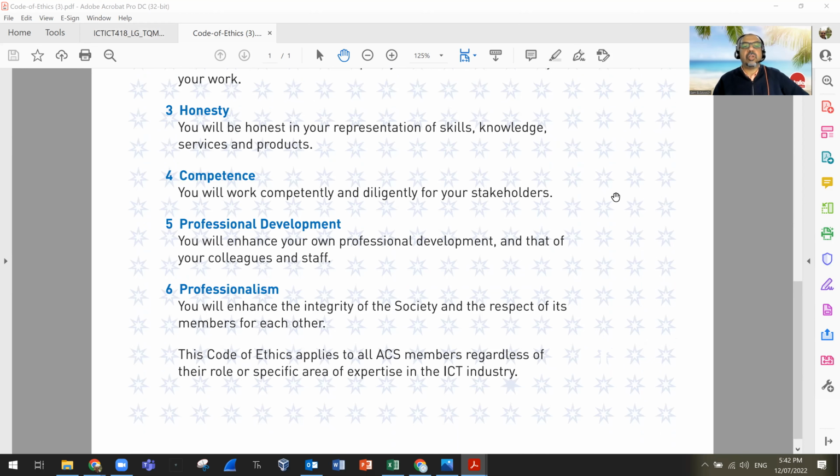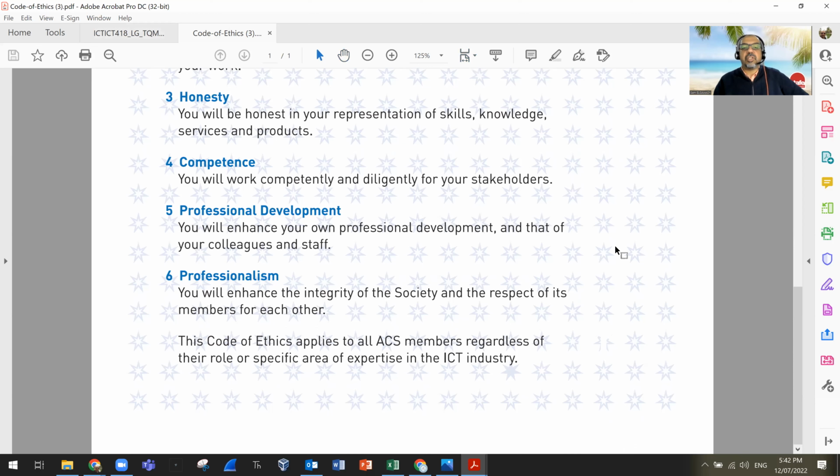You will work competently and diligently for your stakeholders. Number five, professional development. You will enhance your own professional development and that of your colleagues and staff. Professionalism is number six. You will enhance the integrity of the society and the respect of its members for each other.